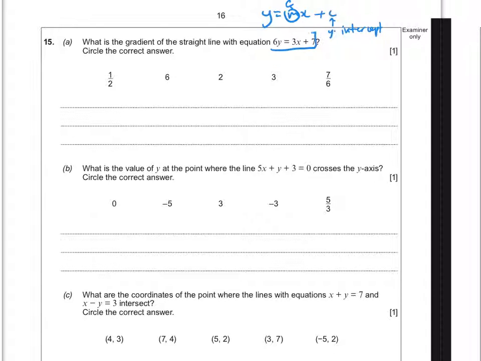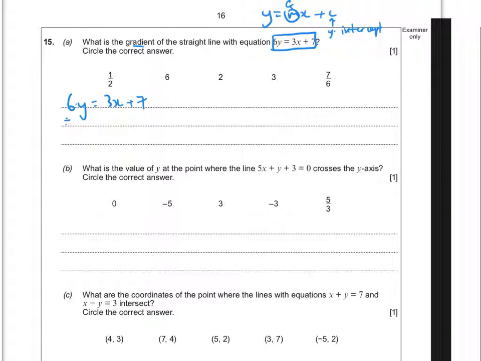So if I look at this equation, 6y equals 3x plus 7, they want to know the gradient. Well, I'm going to first of all put it in the form y equals mx plus c. Comparing it to the form I've just shown you, I need to get the y by itself. So this is times by 6, I need to divide through everything by 6.